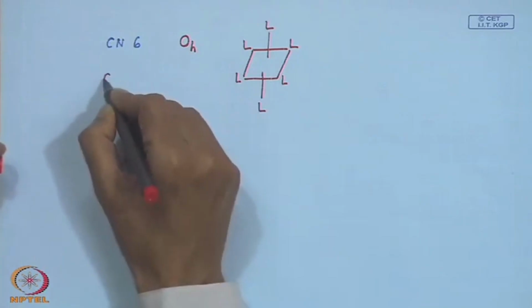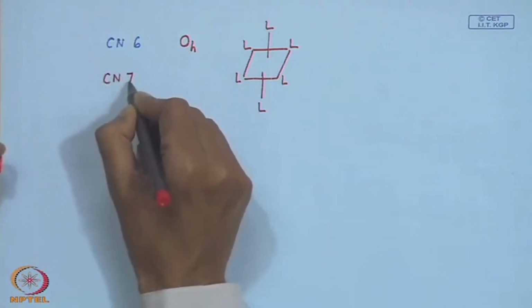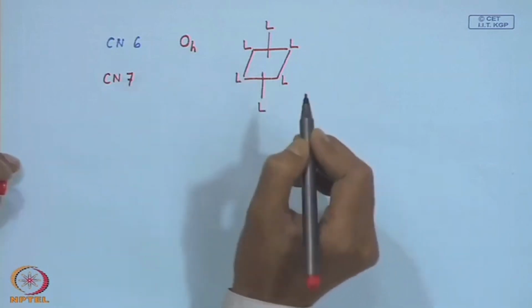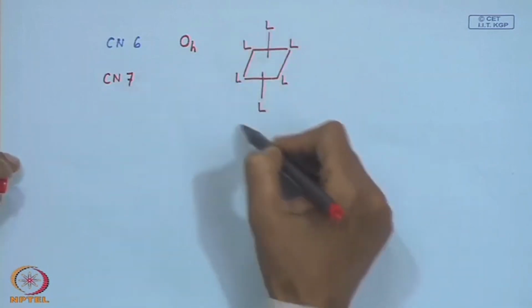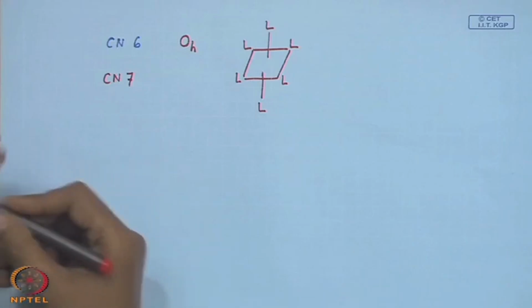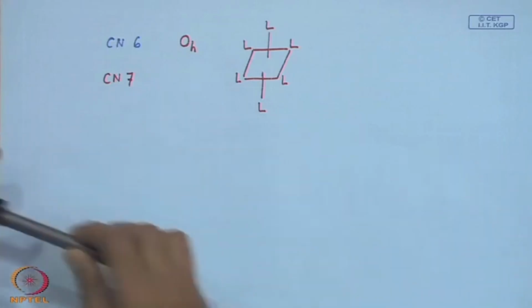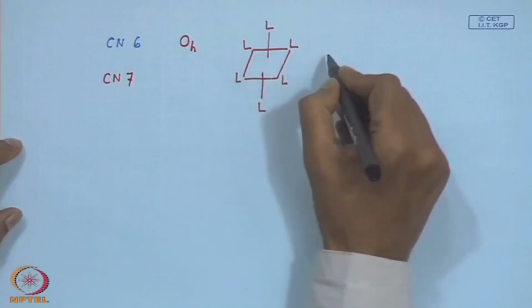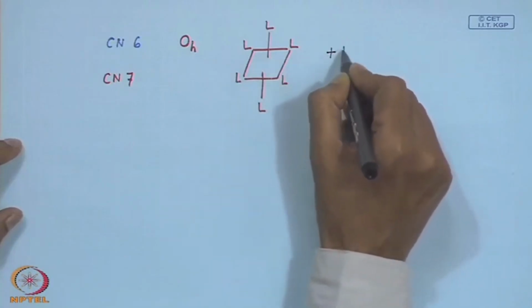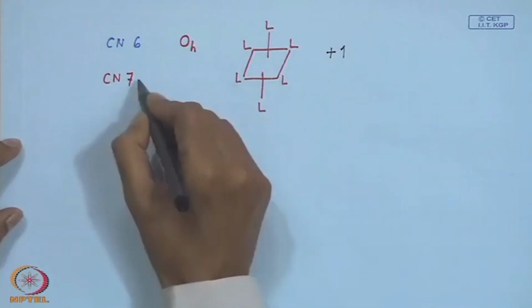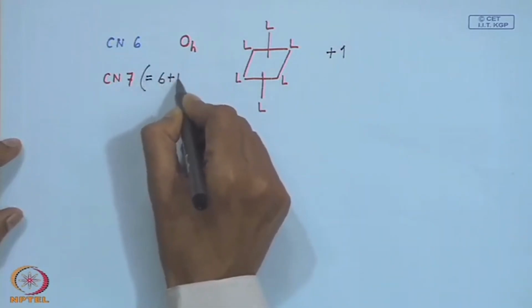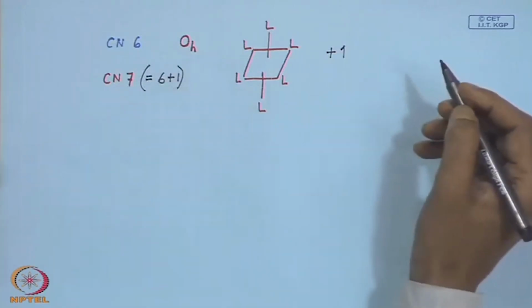But when we move to a coordination number of 7, basically what we can do is add one more ligand. So it is basically a spherical arrangement, a sphere like arrangement. So it is a highly symmetric sphere like arrangement. So how to put the extra ligand? The coordination number 6 would be equivalent to 6 plus 1.